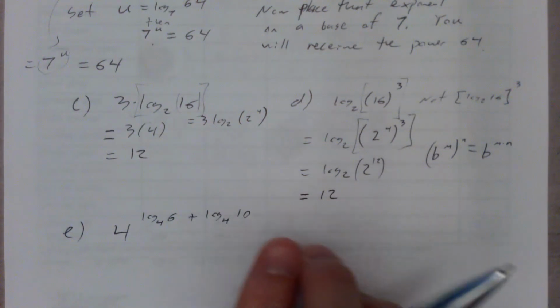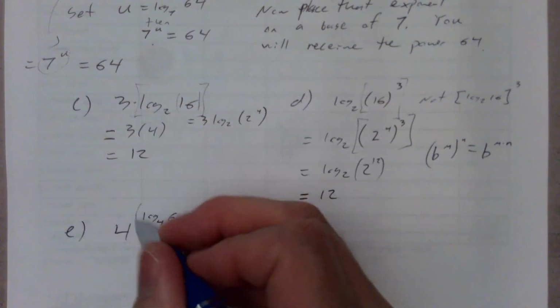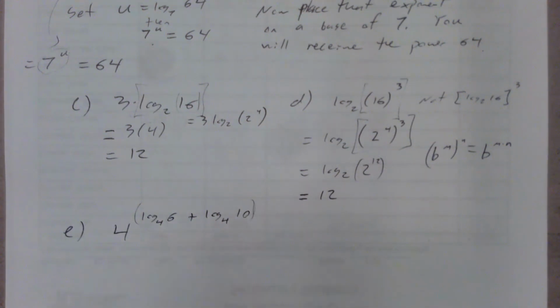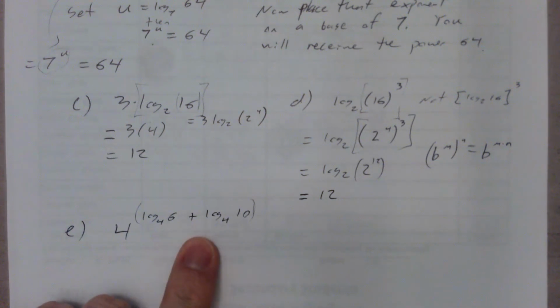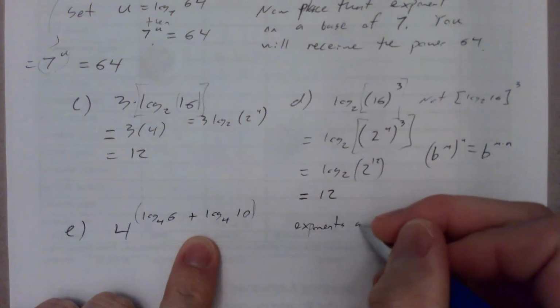I'm also not in a position to say, oh, isn't this just like 6 right there? Because the order of operations suggests that I need to simplify my exponent before I raise a base to that exponent. Now, what we need to do here is look at what's happening between our exponents. Our exponents are being added.